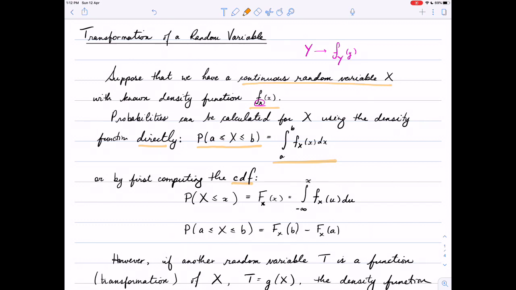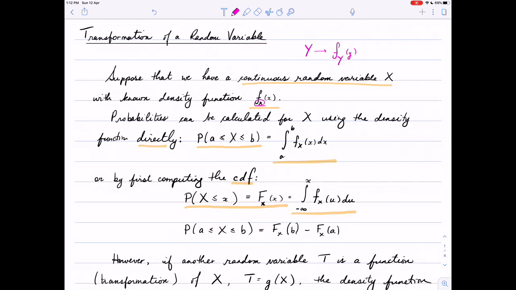So by definition, the cumulative distribution function is the probability that x is less than or equal to small x, that is capital F sub x of x, and that is defined as the integral from minus infinity to x of the density function, f sub x of u du.